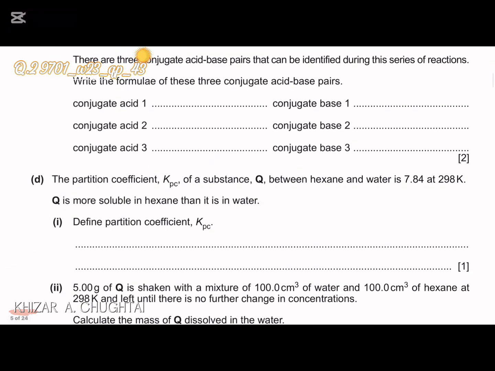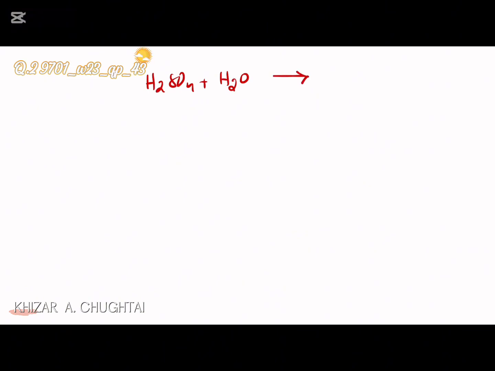Now come toward the next one, part 2. When concentrated sulfuric acid is added to water, a series of acid-base reactions occurs. There are 3 conjugate acid-base pairs that can be identified during this series of reactions. So H2SO4, in the first step, when it reacts with H2O, it's a single step reaction.